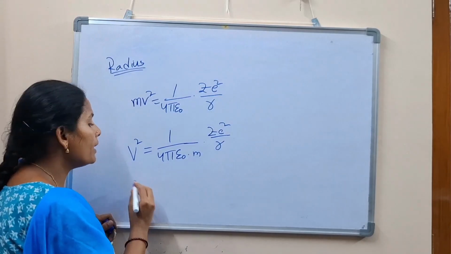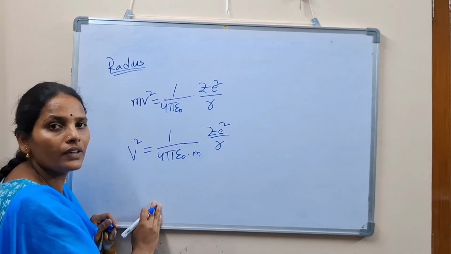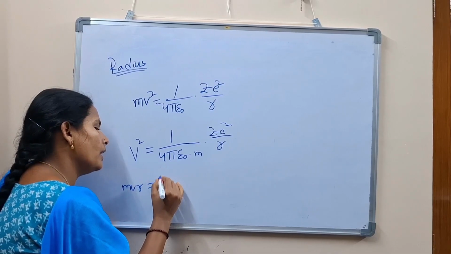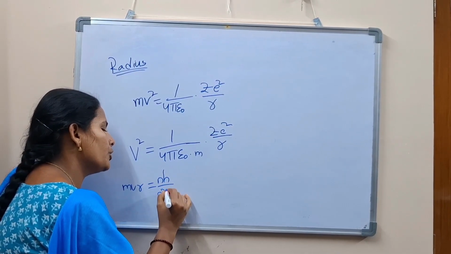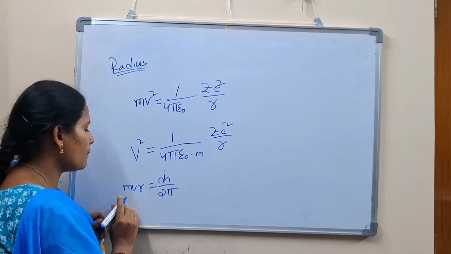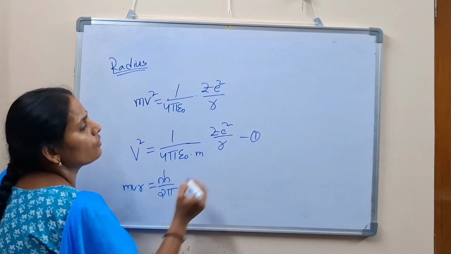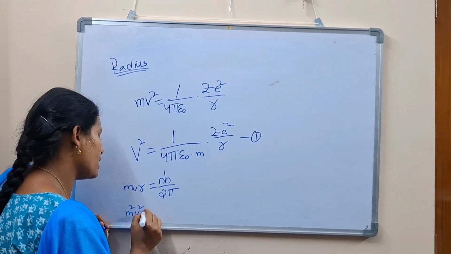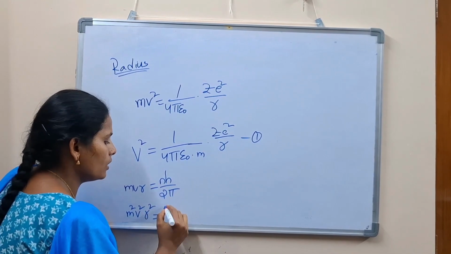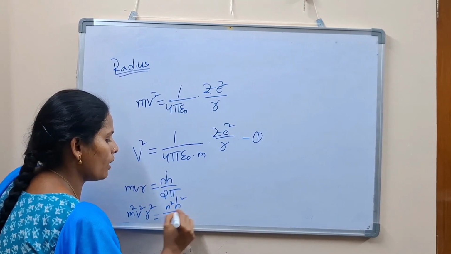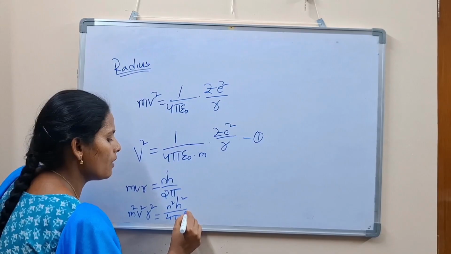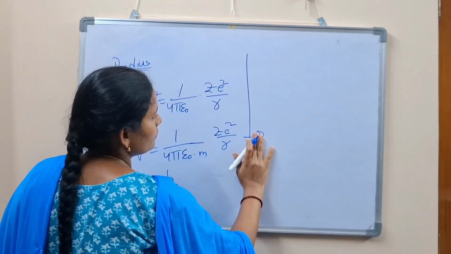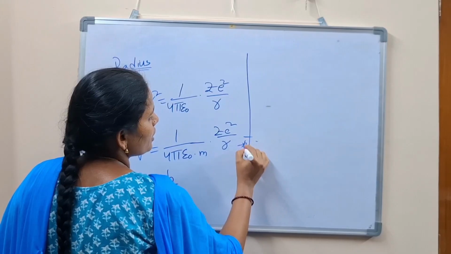From angular momentum also we are deriving the velocity, that is mvr equal to nh by 2 pi. Squaring on both sides, m square v square r square equal to n square h square by 4 pi square. This is equation 1.